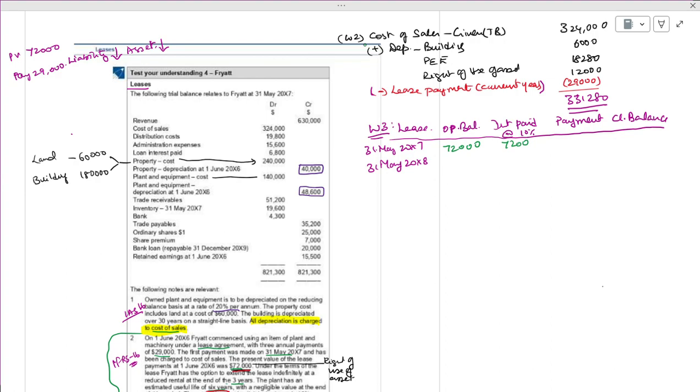Point number 2, check. 29,000. Same rule: column 1, then 2 plus 3 minus 4 equals 5. How much will you get?